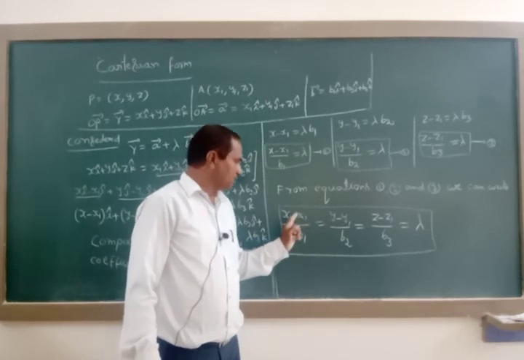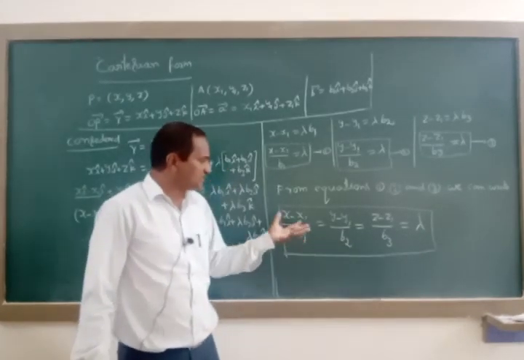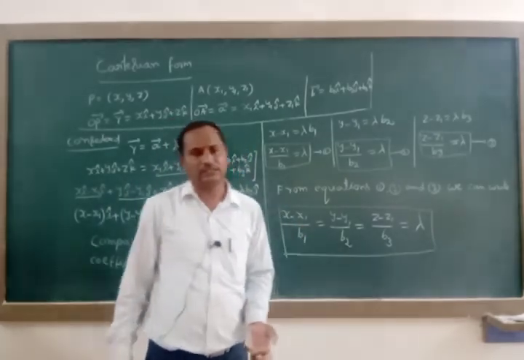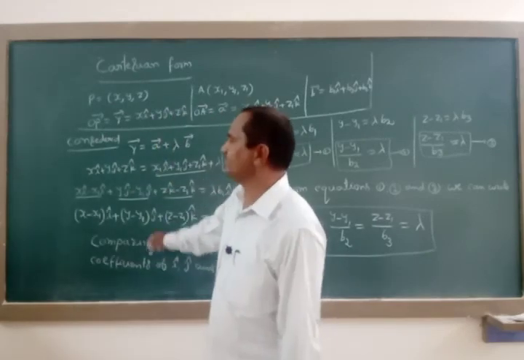Whenever a line is passing through a point having direction ratios, at that time we have to apply this formula to get the equation of the straight line. This is the Cartesian form of the equation of a straight line.